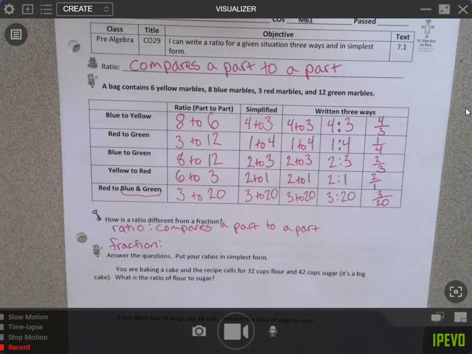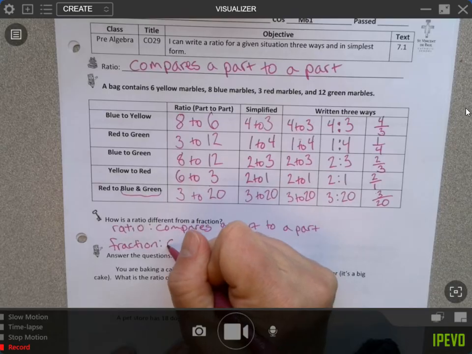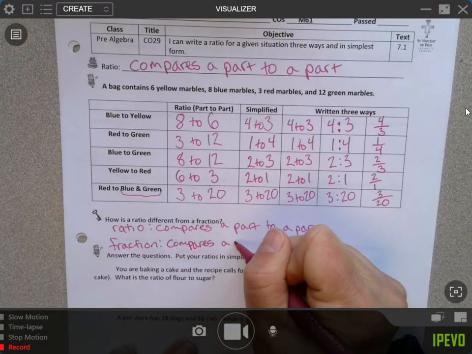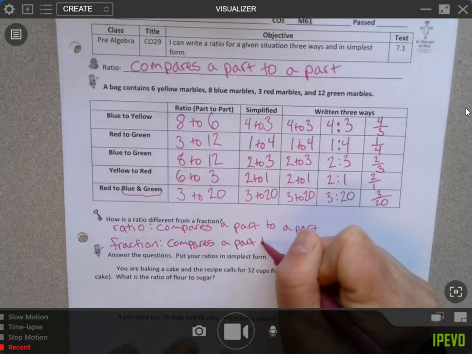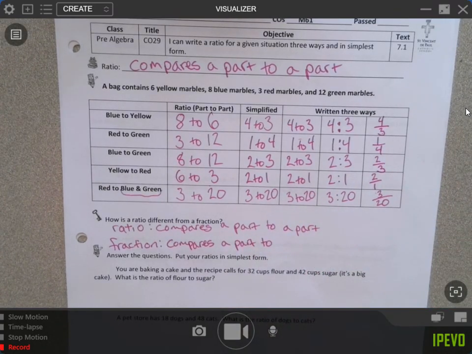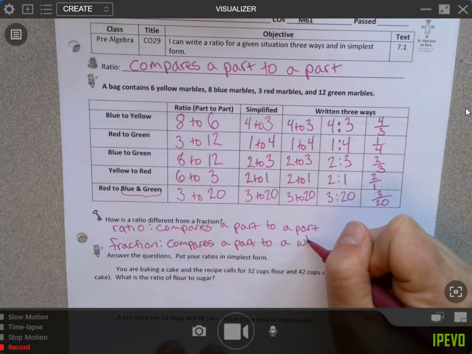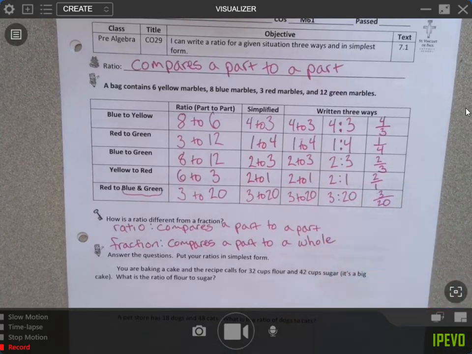If a ratio compares a part to a part, a fraction compares a part to what? Vivi? To a whole. If we think about those percentages that we were working on, I got 28 right out of 30. 28 over 30. 30 was that whole number, right?